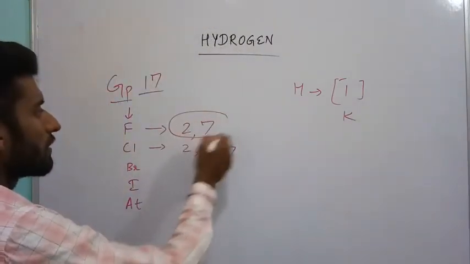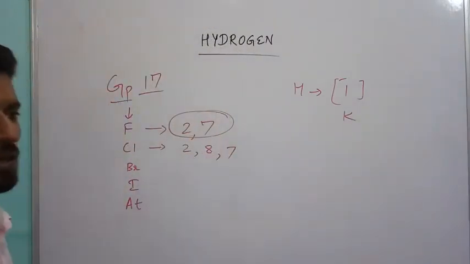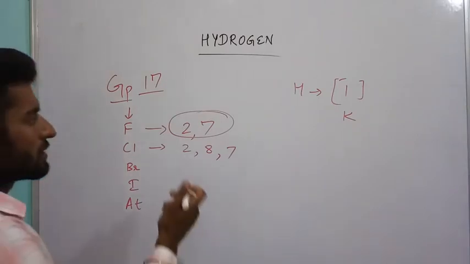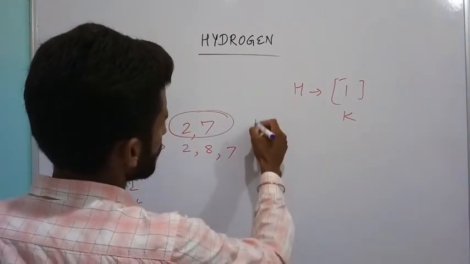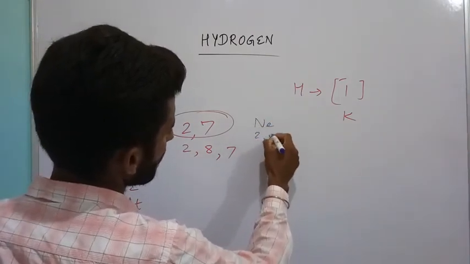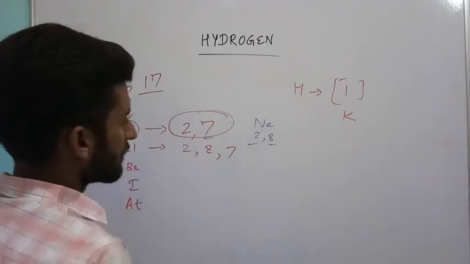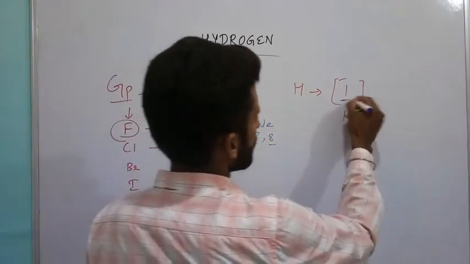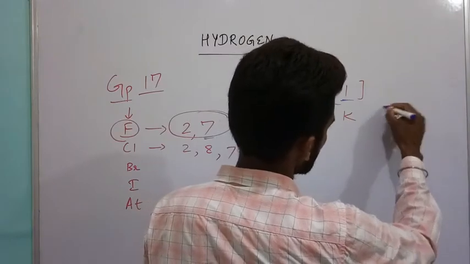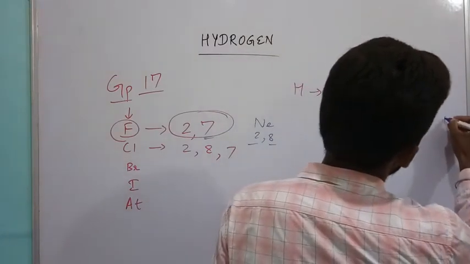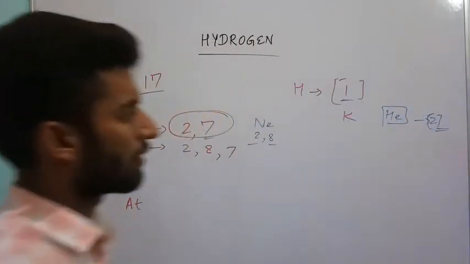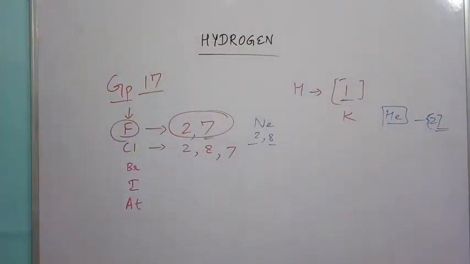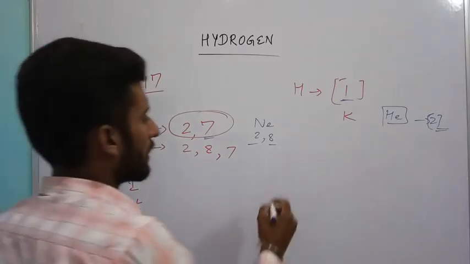Now you can see fluorine is one electron short of the nearest noble gas, which is neon, 2,8. So only one electron difference is there. Here also in case of hydrogen, the next one is helium, so only one electron difference is there. So again they share the same similarity.